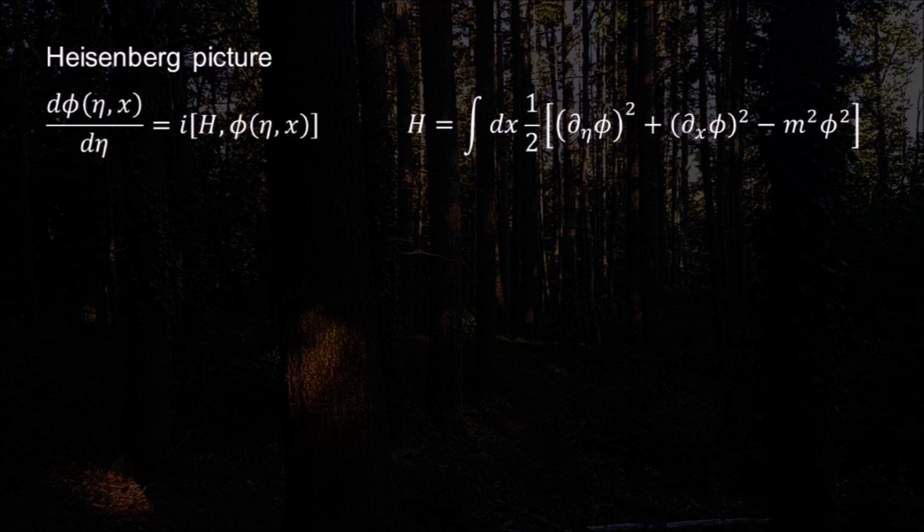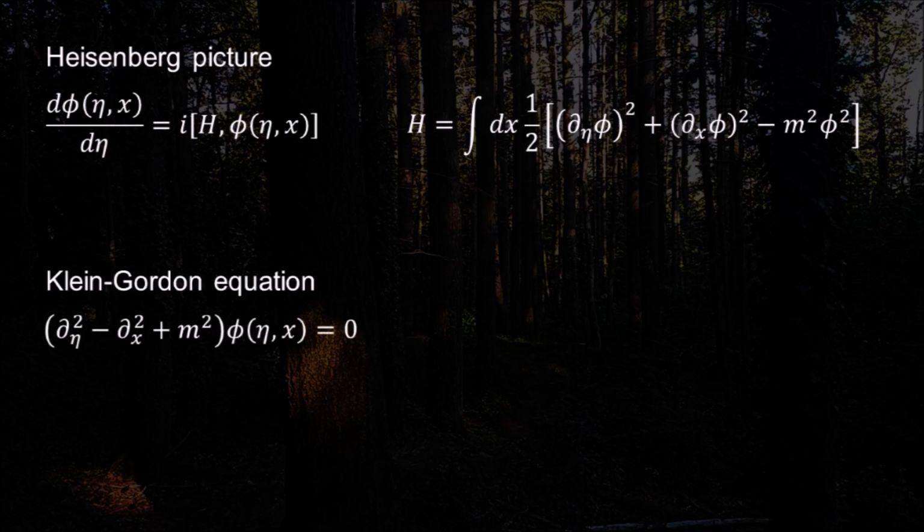You can do a quick check to see that phi is in fact a solution to the Heisenberg equation of motion, as well as the Klein-Gordon equation. And in the Heisenberg picture, it is the operators that evolve, not the states. So if you start with a certain initial state, which in our case is the A vacuum, you will end up with the same state. It does not change.